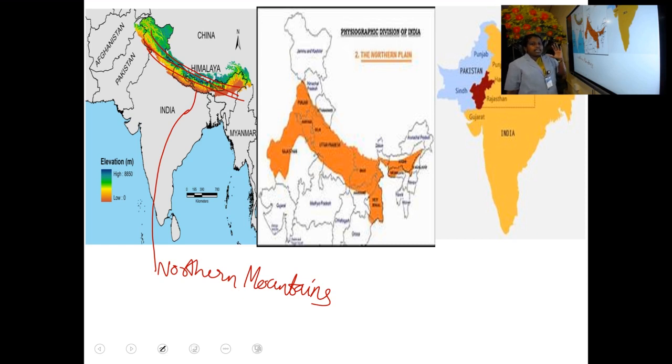They are Himadri, Himachal and Shivalik. Okay, the first one is Himadri, the second one Himachal, then Shivalik.